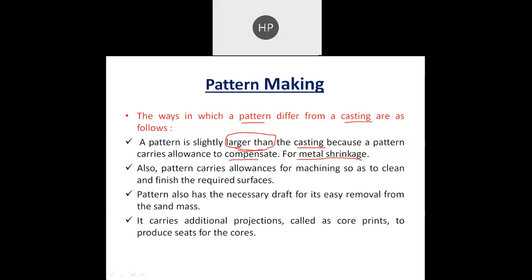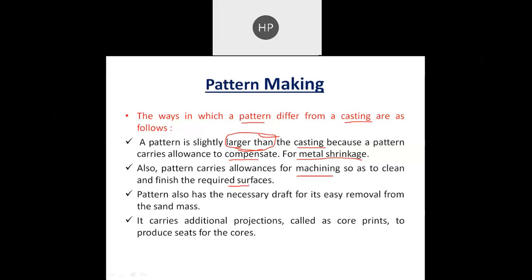When it is converted from liquid to solid, it will shrink, so if the pattern is kept larger, then after solidification we can get the required size. So the first difference is that the pattern is slightly larger than the casting. Then the pattern carries allowances for machining, so as to clean and finish the required surfaces.